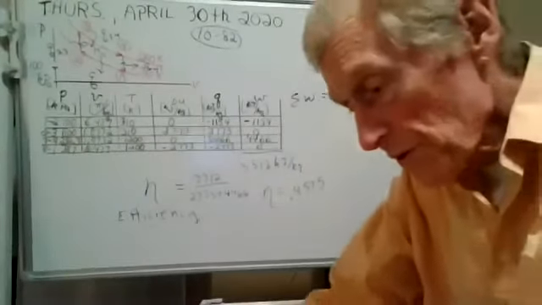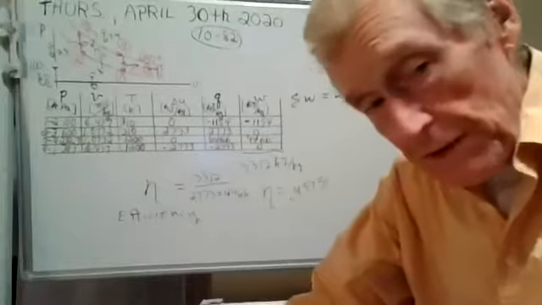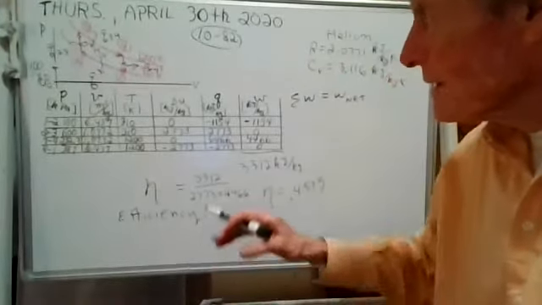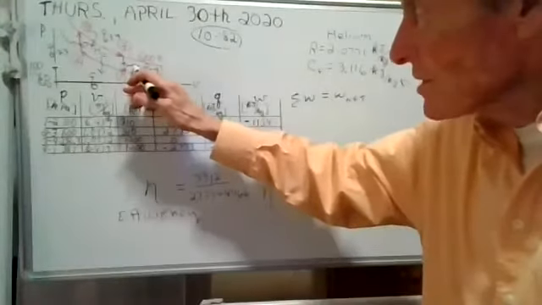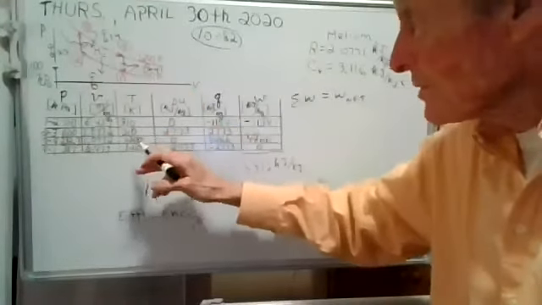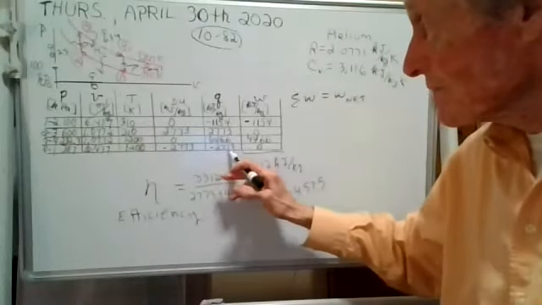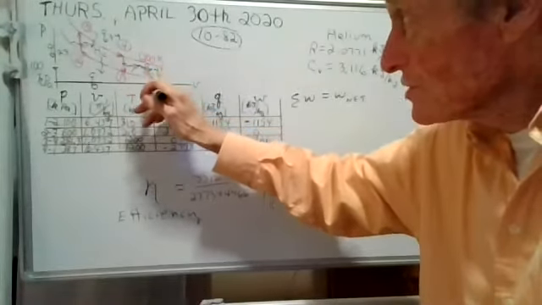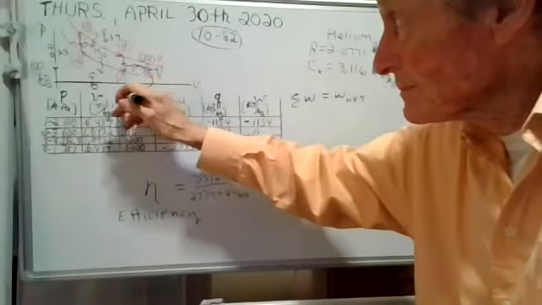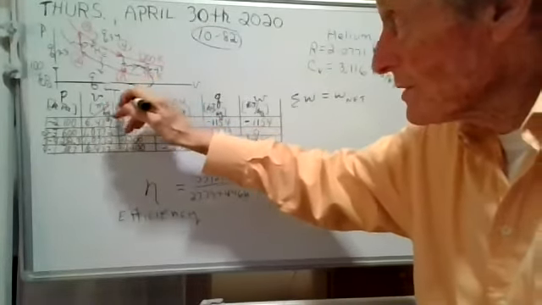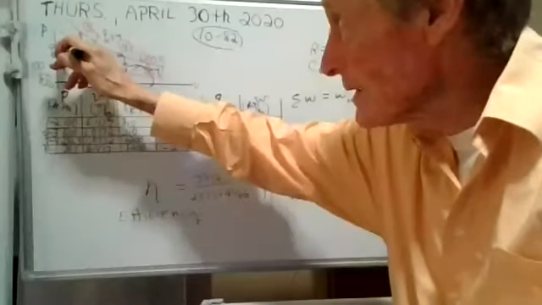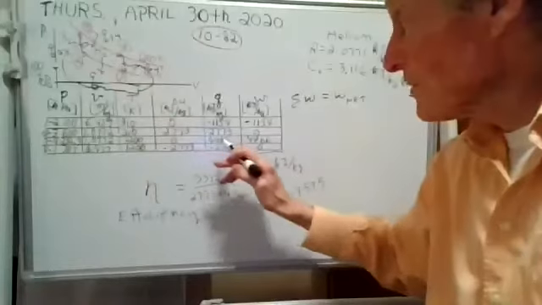Now I want to show you guys, this one didn't have a regenerator, but if it did, I want to show you what will happen. They'll take this Q41, which is 2773 going out, and put it through this regenerator, and send it back in here, Q23.